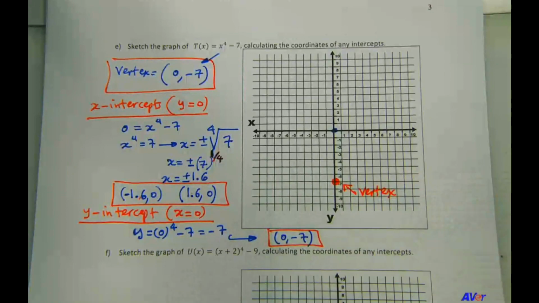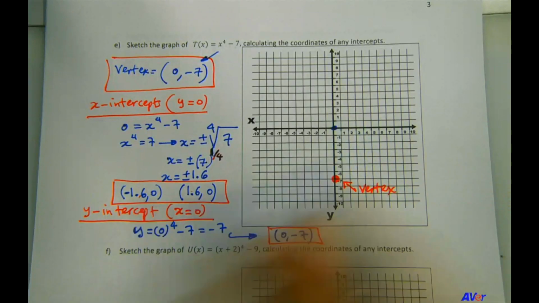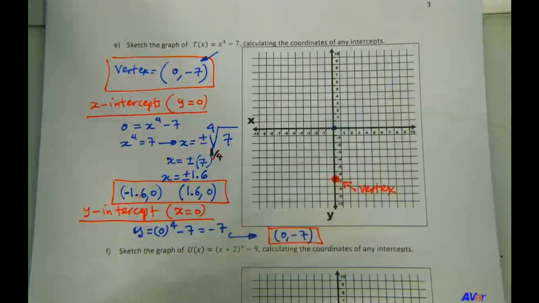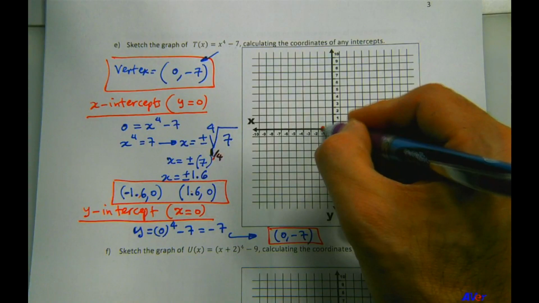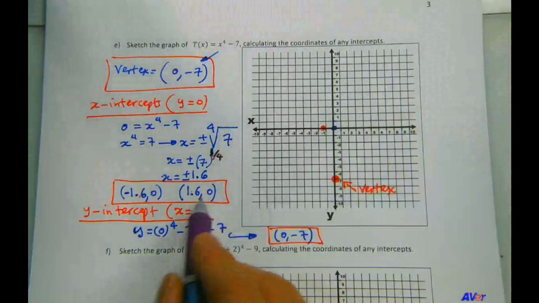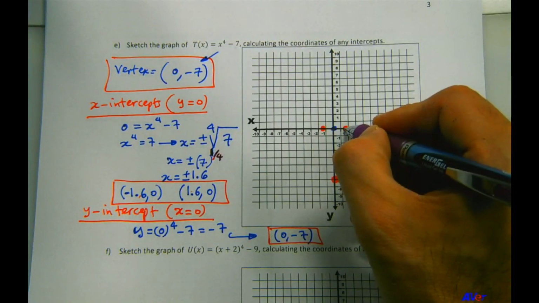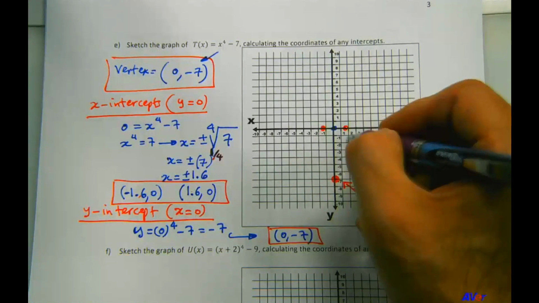Like that. And then these points, negative 1.6 would be somewhere there, right? Somewhere between negative 1 and negative 2. Let me put it right there. And positive 1.6 comma 0 would be somewhere here, 1.6, somewhere between 1 and 2.